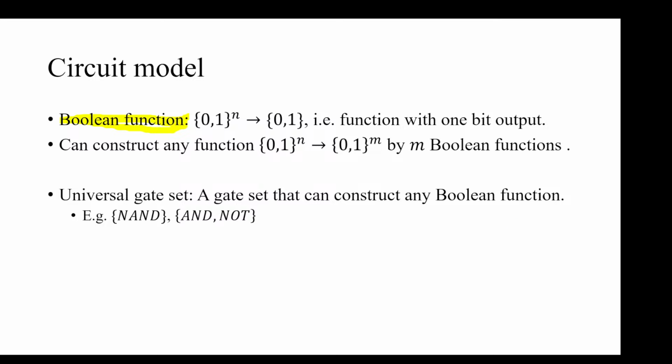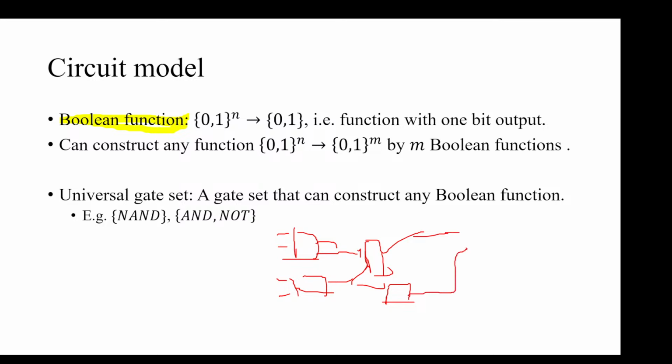That means for any Boolean function you want, with some n bit input and 1 bit output, you can use things inside this gate set to string together wires with the correct ordering, such that this circuit will give you the correct input-output relationship. So a universal gate set means that whatever input-output relationship you want, you can always construct a circuit from gates inside the set.